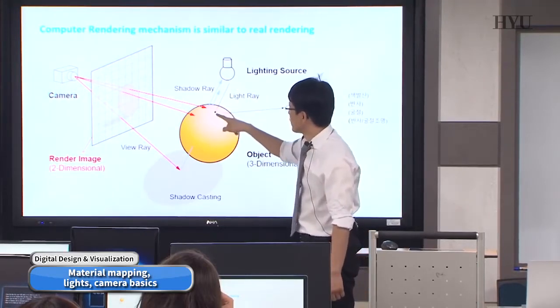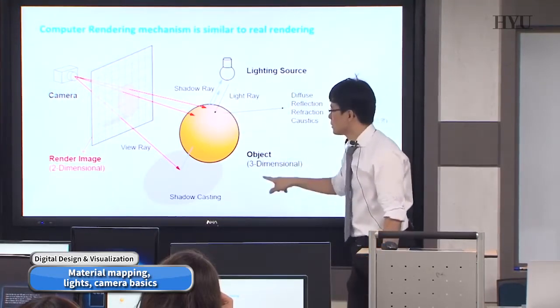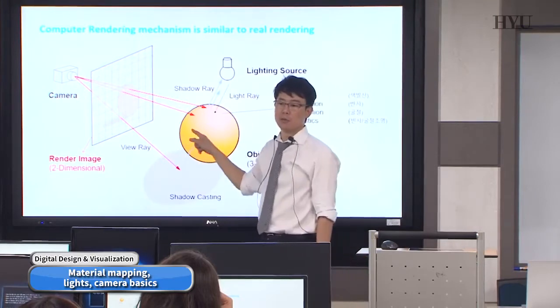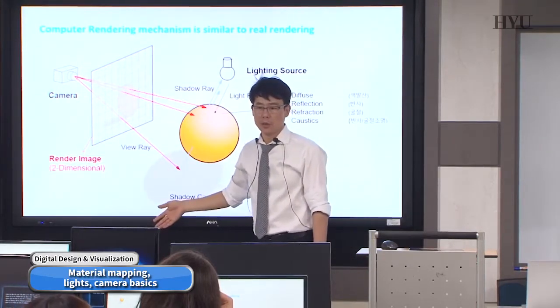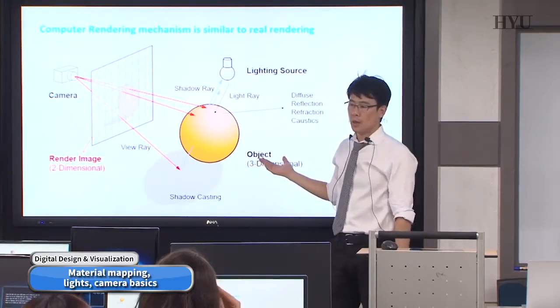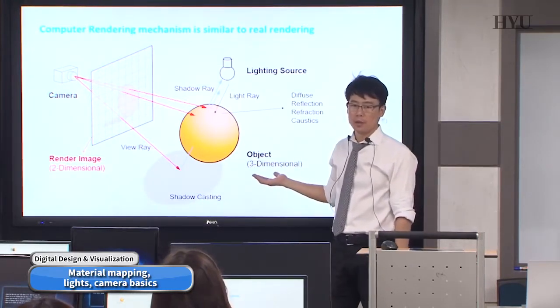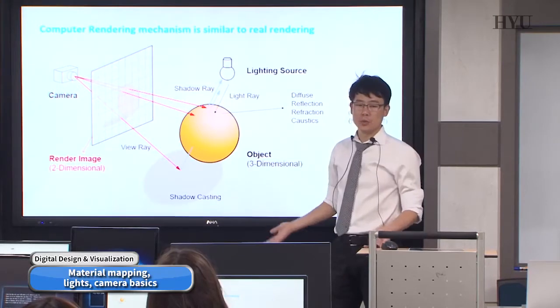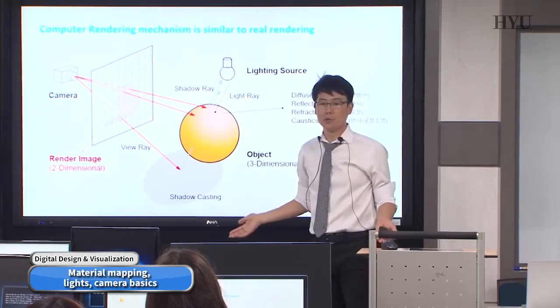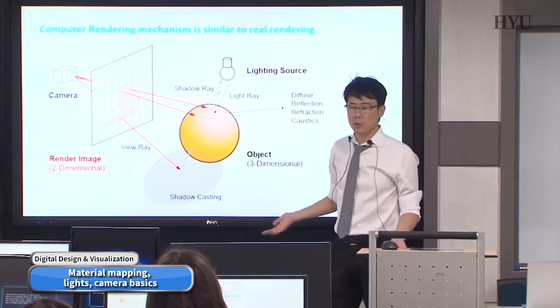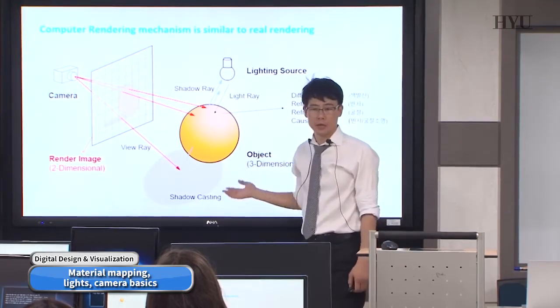Each single ray should be tracked one by one until the end of the light ray, when it is going to disappear. So how to calculate them? Computer CPU, GPU, they are in charge of calculating this series of equations, calculations. That is why rendering takes really long time, okay?